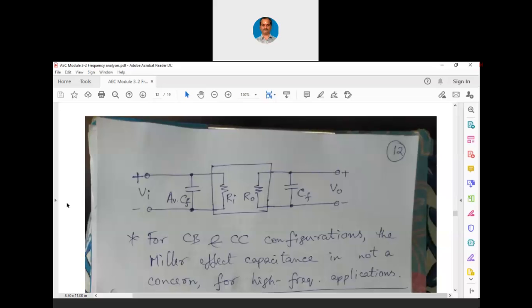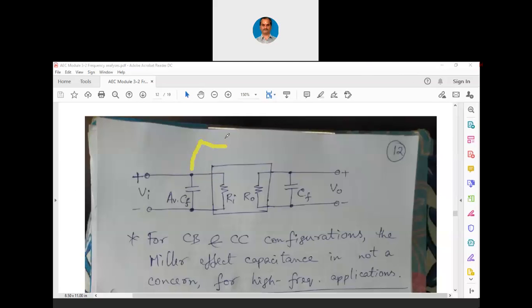Similarly, at the output side, 1 over Z naught is 1 over R naught plus 1 over 1 minus 1 by AV into CF. That 1 by AV can be ignored because it is a very small quantity. Again, here capacitance will remain positive only. So we can write CF directly. Now look at this. Miller has helped us greatly, because let me annotate now.